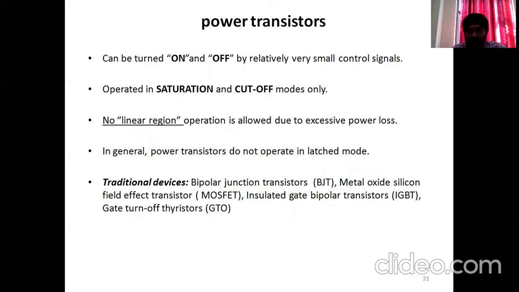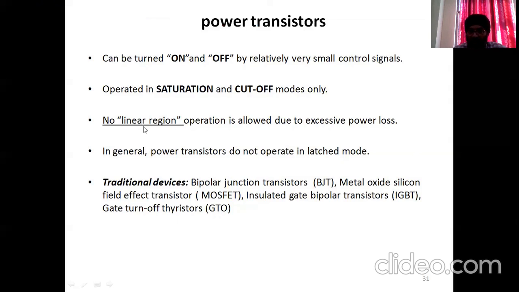Okay, so now coming out of the thyristor family, we come to the power transistor family. This power transistor family is also a fully controllable device family, so we can control the turn on as well as turn off of the device. In power electronics, as I said earlier, these devices will not be running in the linear region.